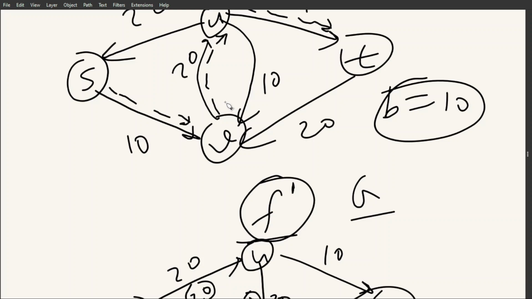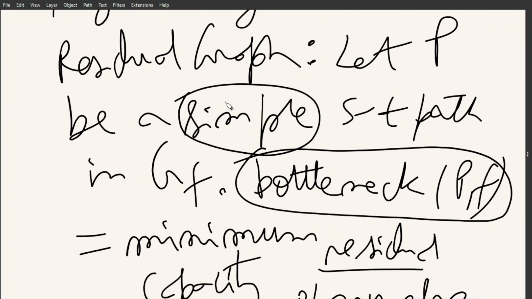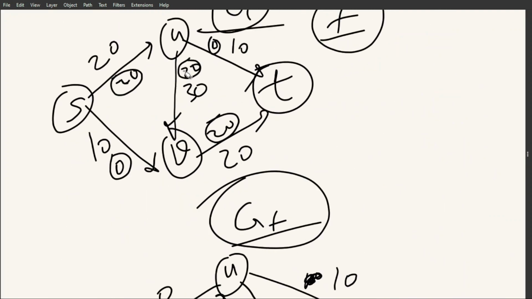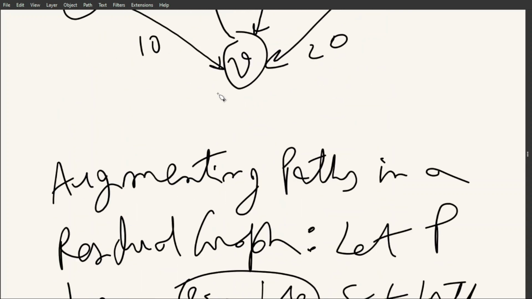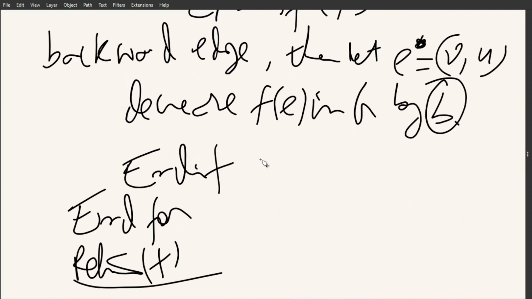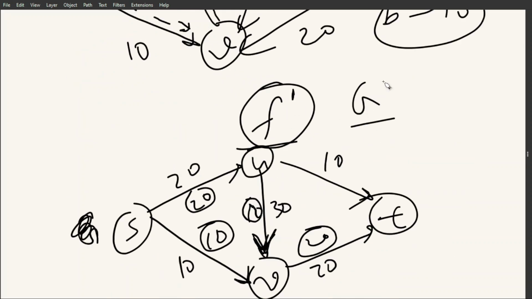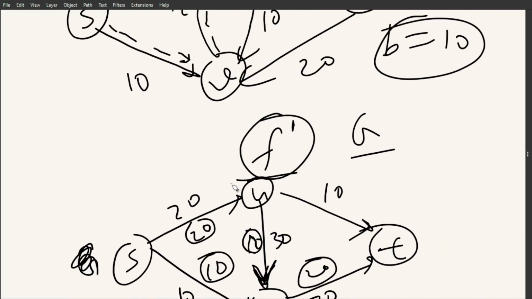If you compare with the earlier flow, earlier flow was 20. We have decreased the flow from 20 to 10. So the direction will be same. There is no change in direction of the edge in the original graph G. What we have done is reduce the flow. We decrease by 10, so net 10 decrement.